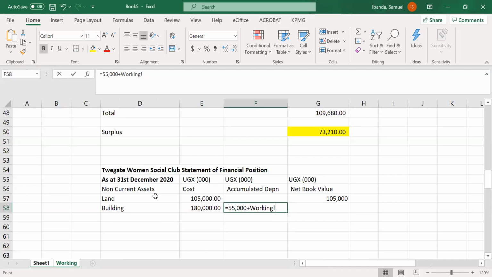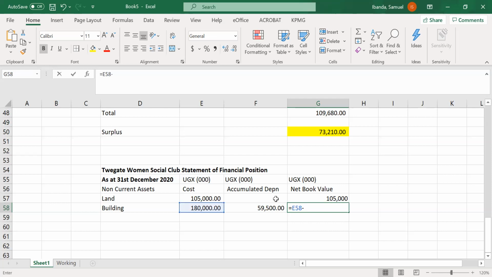So I'm going to add 4,500 on this to determine 49,500. So this one minus this one now gives me 120,500. I'm going to do the same thing for the truck. I want you to be observant, if you've not gotten it the first time.